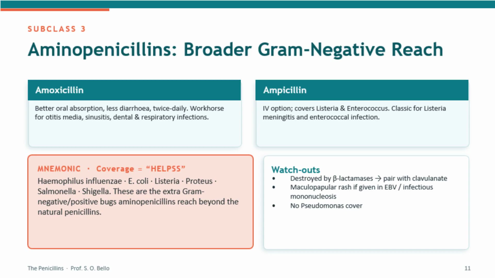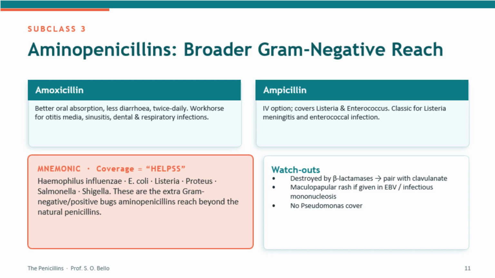Remember ampicillin for Listeria meningitis. The classic way to remember their extra coverage is the mnemonic HELPSS: Haemophilus, E. coli, Listeria, Proteus, Salmonella and Shigella. Two important watch-outs. First, they are still destroyed by beta-lactamases, which is why we so often combine amoxicillin with clavulanate.